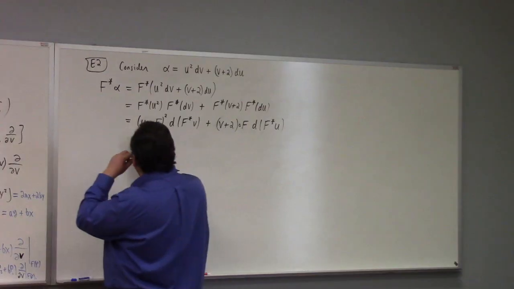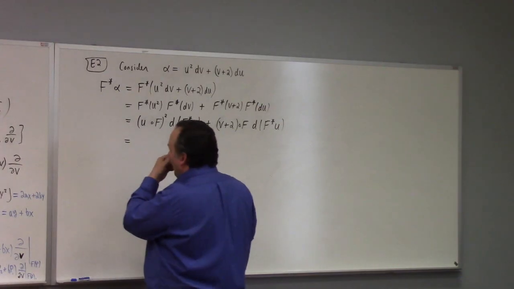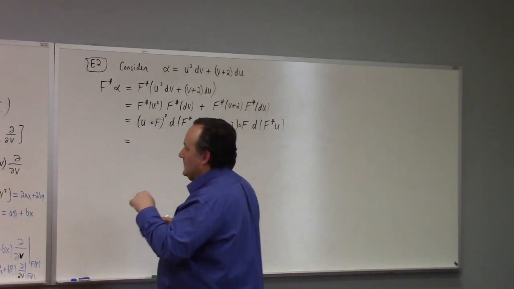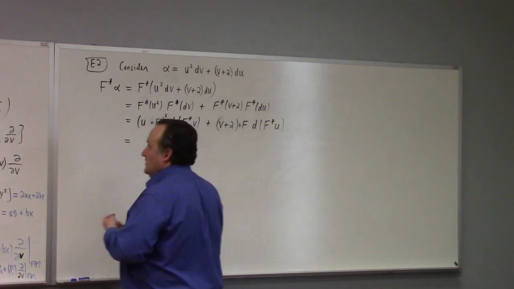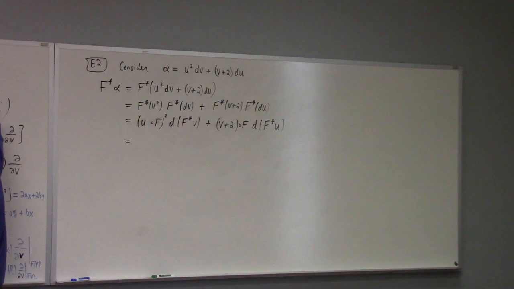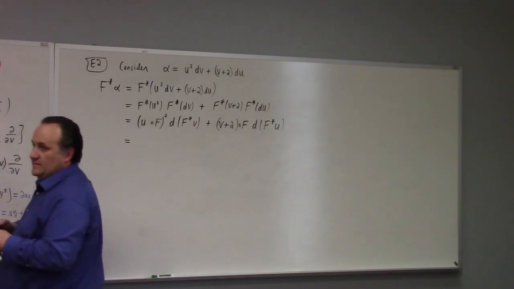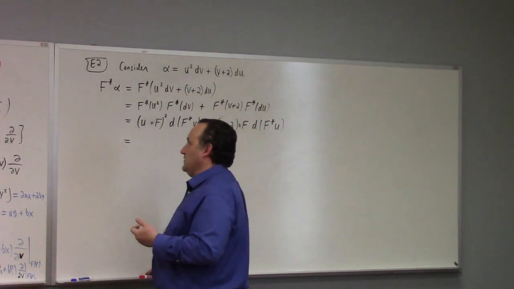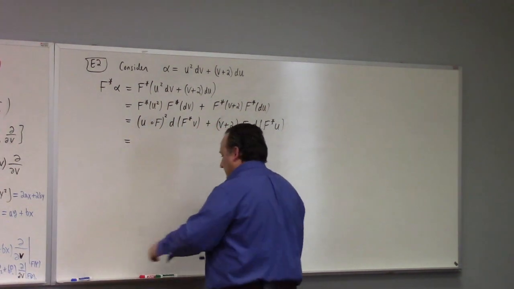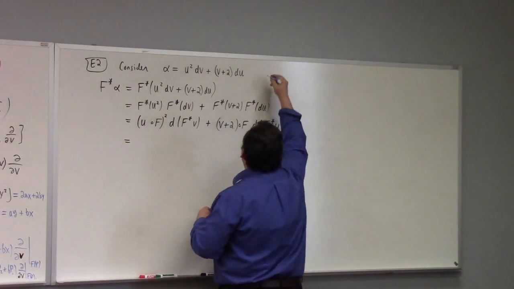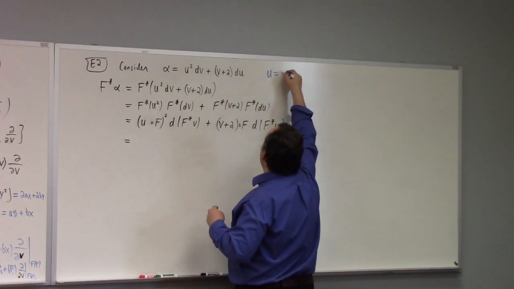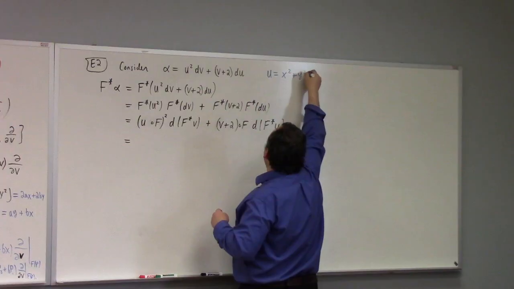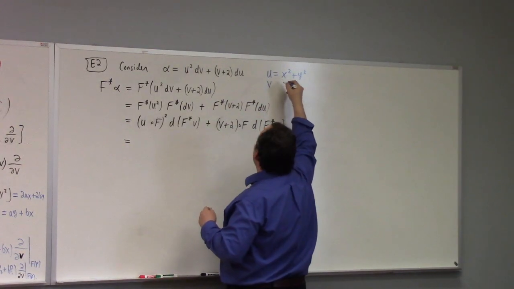All right, just a reminder, we should look at this as uv. That's basically what informs the calculation. So you want to think about u equals x squared plus y squared, and v equals xy.